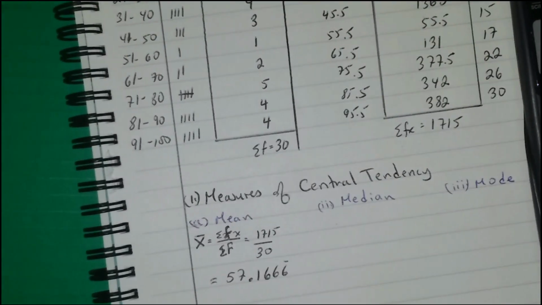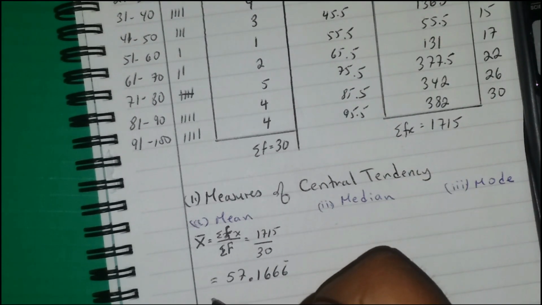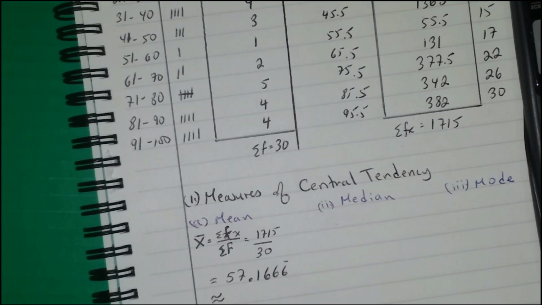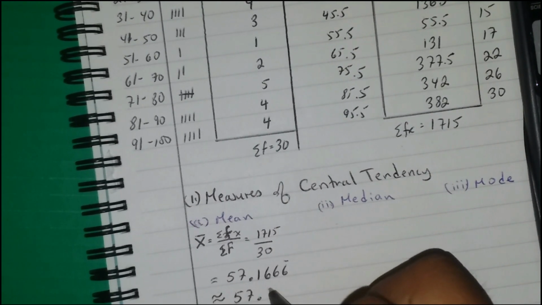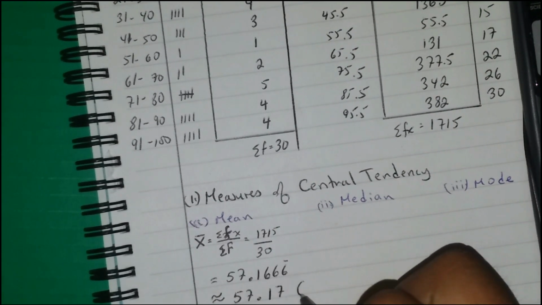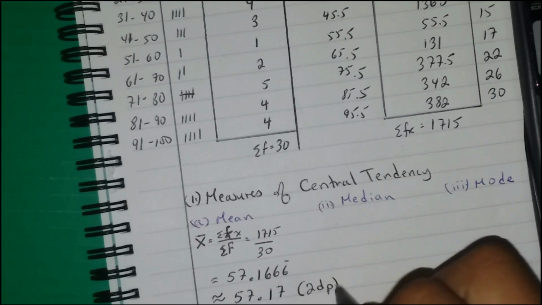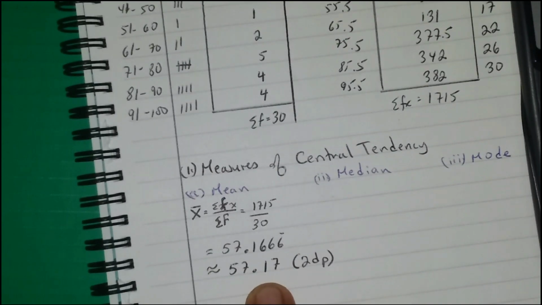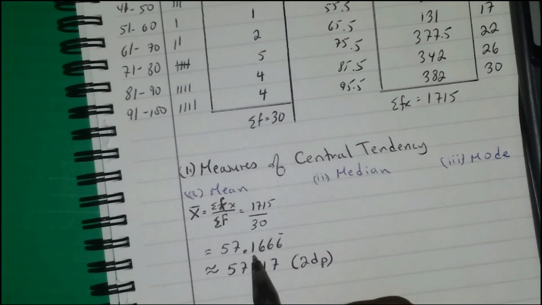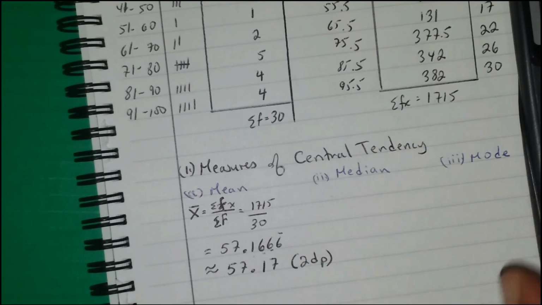Now notice that I get 0.66666 recurring, so what I will do is say it is approximately 57.17, and I'll put 2 dp, meaning that I rounded off my answer to 2 decimal places, which is going to be the first and the second, but because this is a 6, then we add 1 to make it 7. So that is what you have. That's the mean.